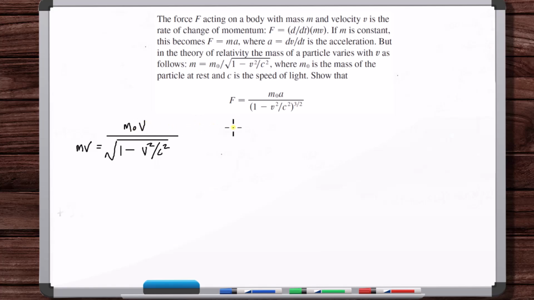Right, that's mv. So now to get the force, we need to take d/dt of mv. That's the force in the most general form.